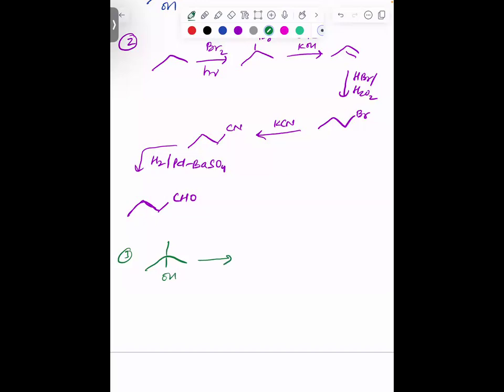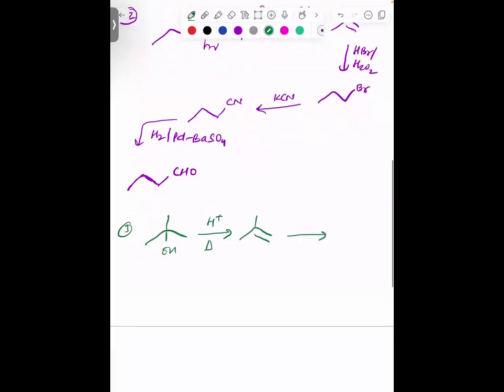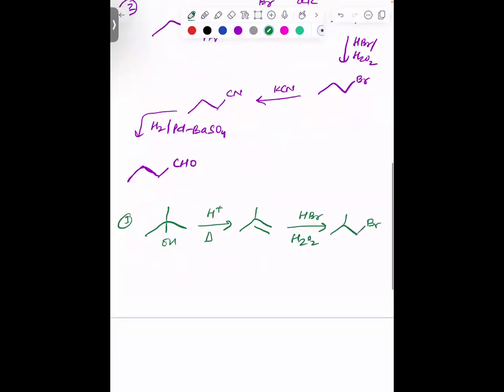First, you can make the dehydration. So this is the product after dehydration. Then we can use HBr in the presence of peroxide.